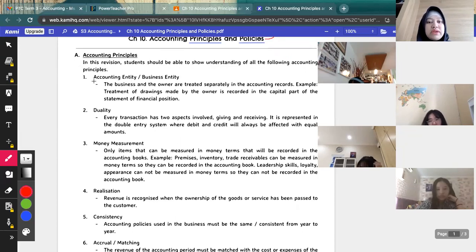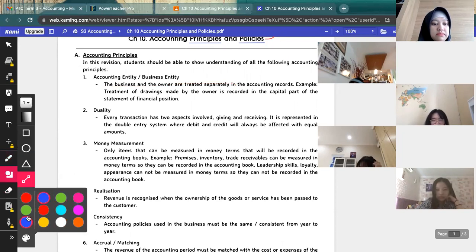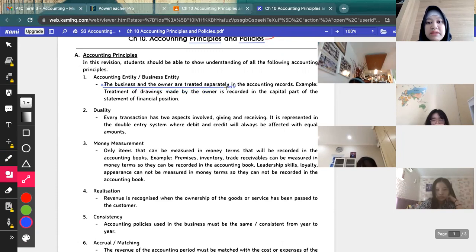What is actually accounting entity or business entity principles? This states that the business and the owner are treated separately in the accounting records.